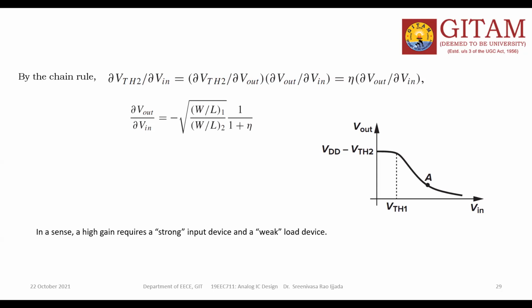If you use P type, then you will get the voltage swing problem at the 0 level, the lower side. Here you got the upper side. So for PMOS, you will get the lower side problem. But definitely we get a problem either on the upper side, at the VDD level, or on the lower side, at the 0 level.